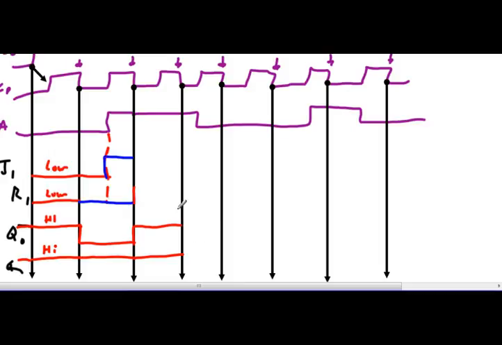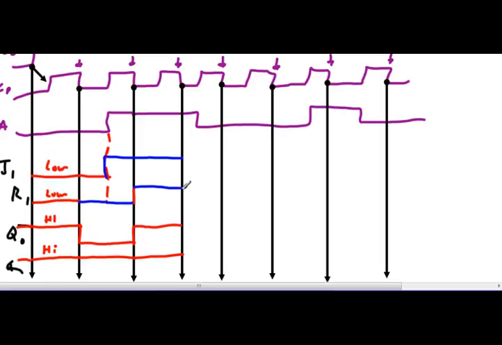Now, J and K. Q0 is high. A is high. So K1 is going to be high. Q1 is high. A is high. J and K both are going to be high. The toggle happens.